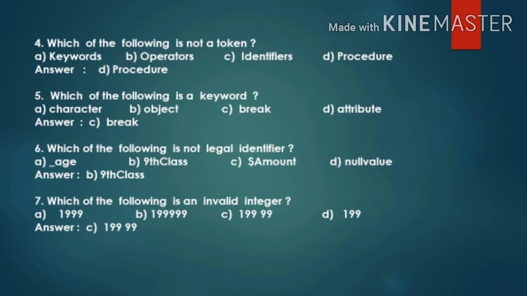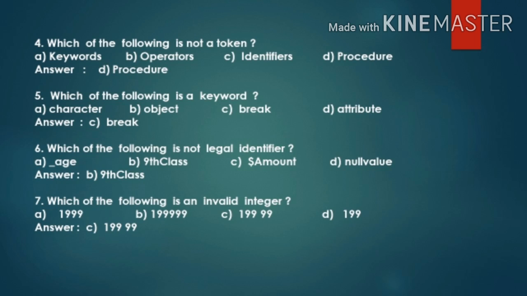The options are A. Underscore age. B. 9th class. C. Dollar amount. D. Null value. The correct answer is B. 9th class. Identifiers cannot be started with a digit.